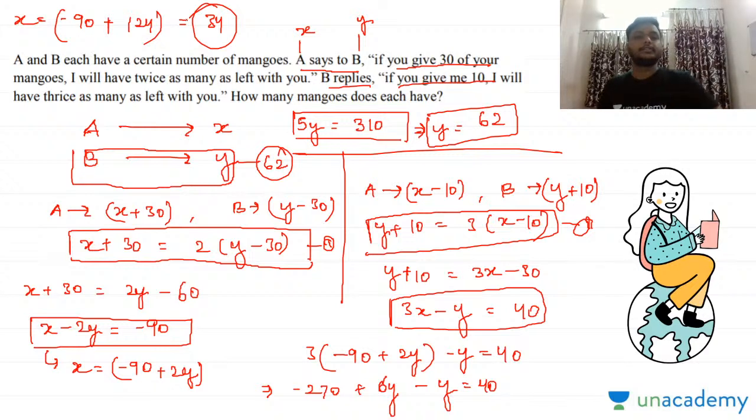Correct? So now guys, how many mangoes is A having? A is having 34 mangoes. And B is having 62 mangoes.